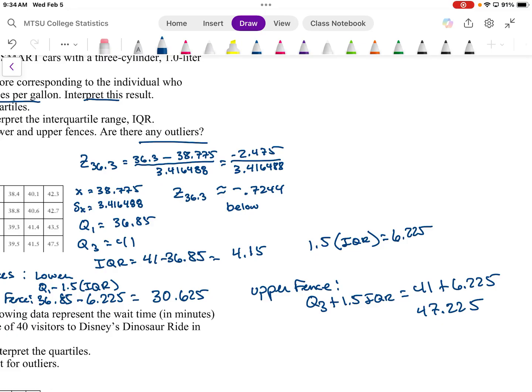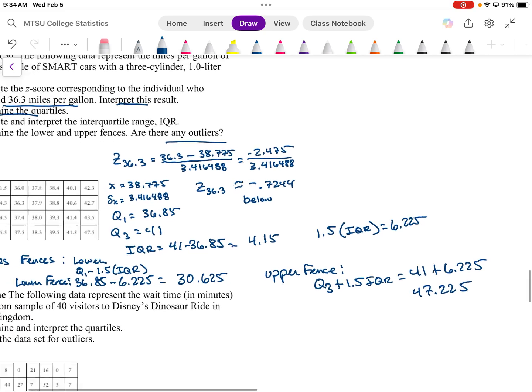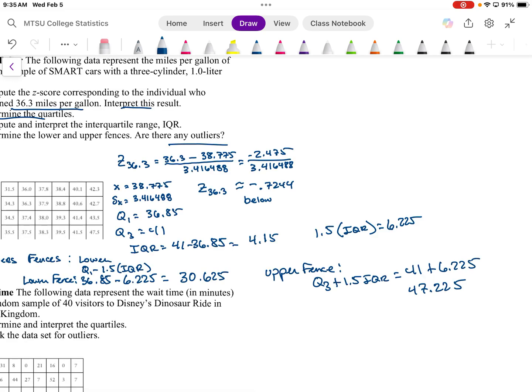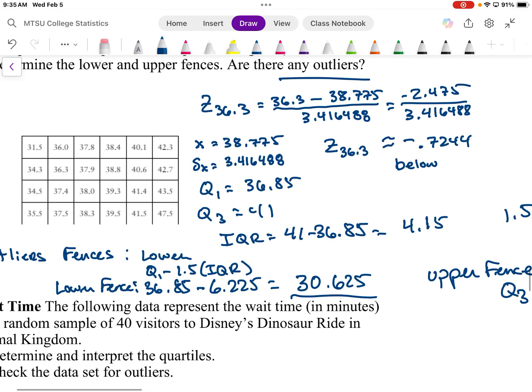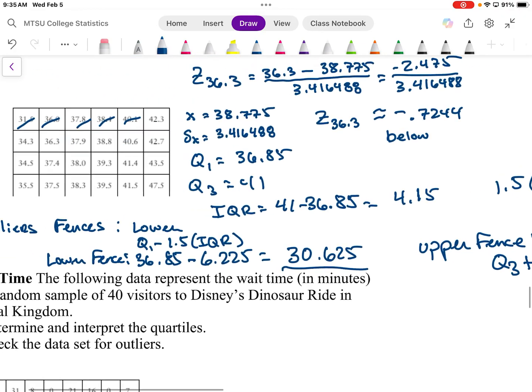And then now I look to see, do I have any numbers in my table smaller than 30.625 or bigger than 47.225? So that one's okay, that one's okay, that one's okay, for 47, okay, we're good.